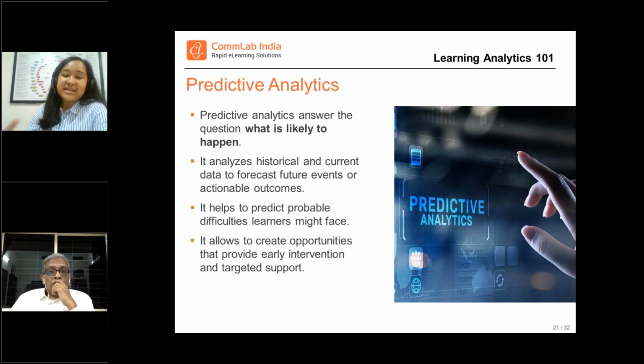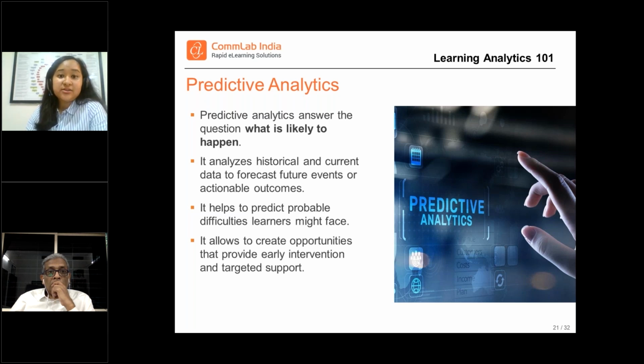It analyzes historical and current data to forecast future events or even actionable outcomes. So this helps you prepare well. This helps you make courses or provide them with support that will help them successfully complete the course.